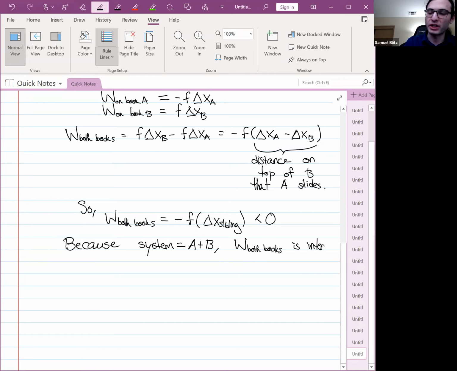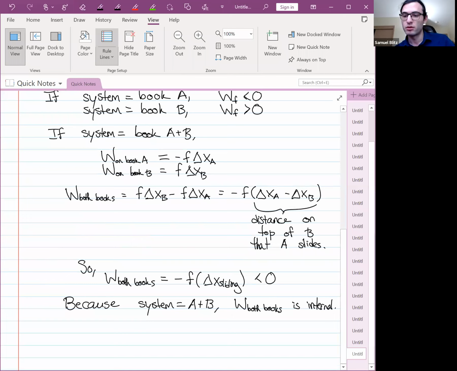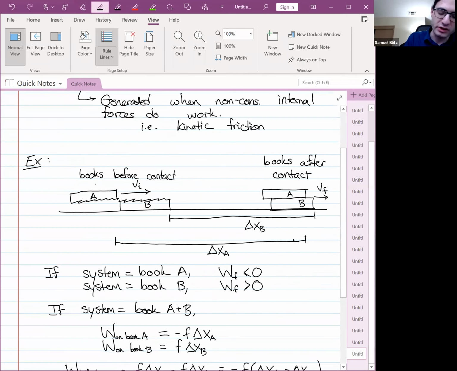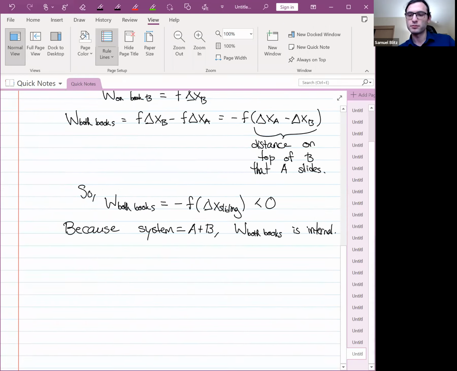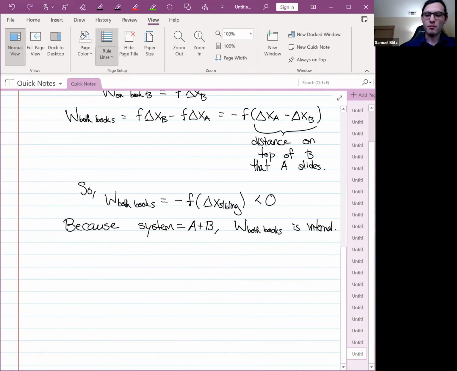And so we can actually group it into thermal energy. And there's no external friction or anything. Yeah, the friction force here, you have friction this way and you have friction this way. Hopefully that helps. The total work done on the books is internal work.